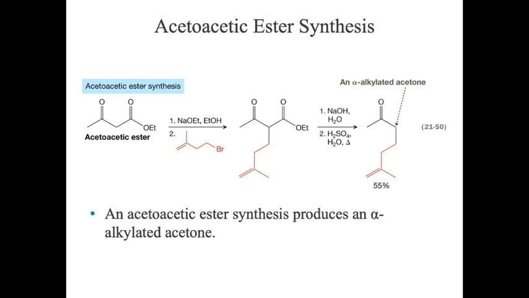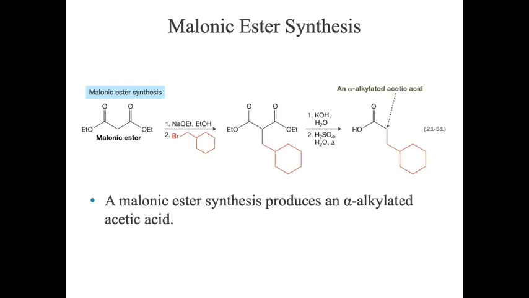It's a nice little way to connect 2 carbon chains relatively easily and with relatively minor or mild conditions with minimal side products. Okay? Malonic ester does the exact same thing, except instead of starting with the acetoacetic ester, we start with malonic ester. That's it. Okay, that's the only difference.